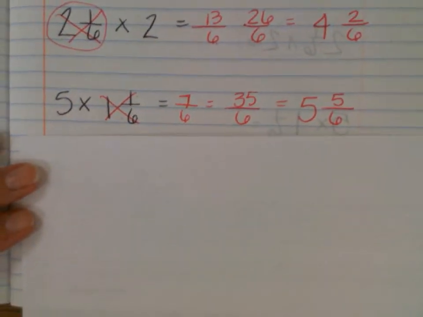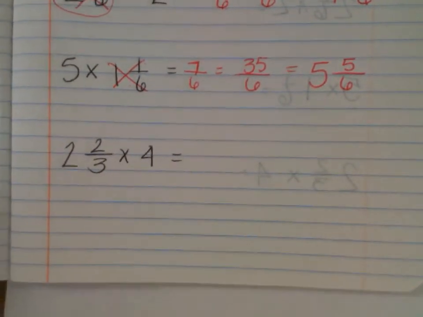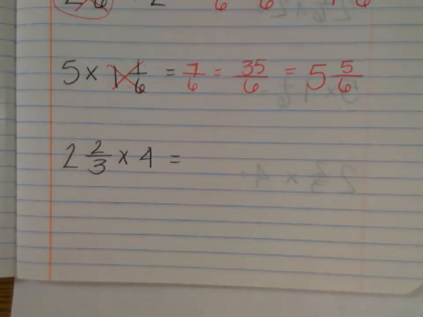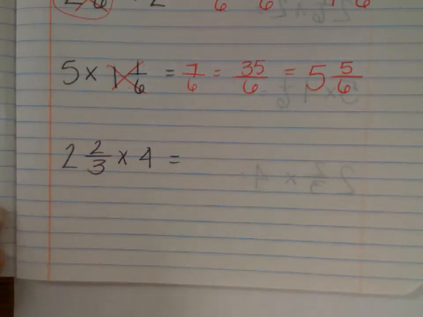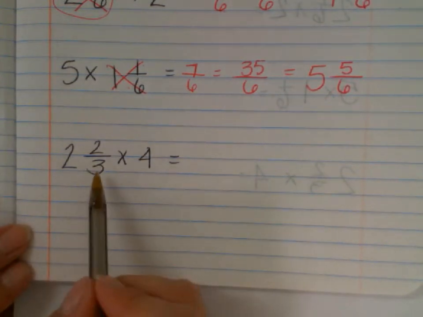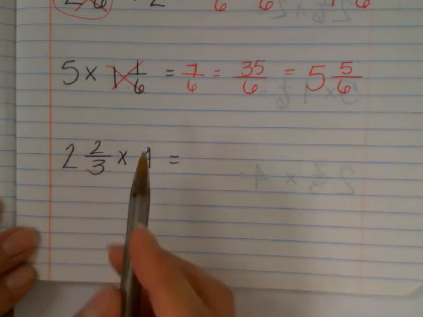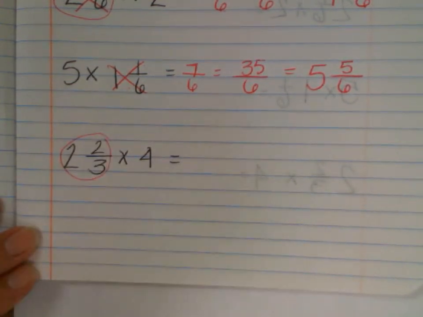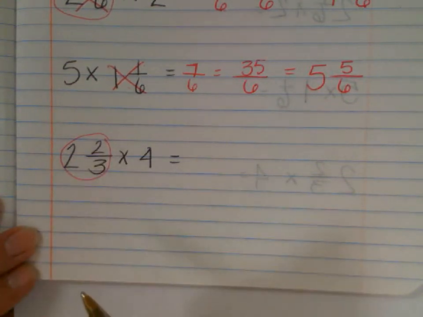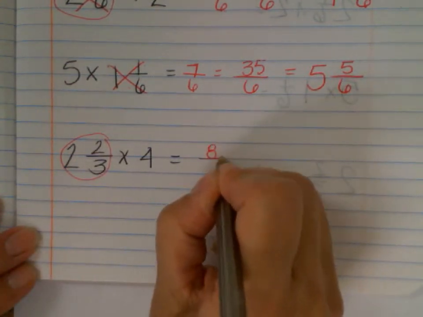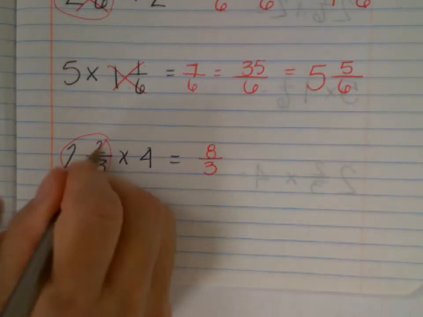Alrighty, let's do one more, and now I'm going to give you some time to do it on your own before I do the work. Go ahead and see if you can do 2 2/3 times 4. Alrighty, I'm going to start by renaming this. 3 times 2 is 6, plus 2 more is 8/3. I'm done with this.